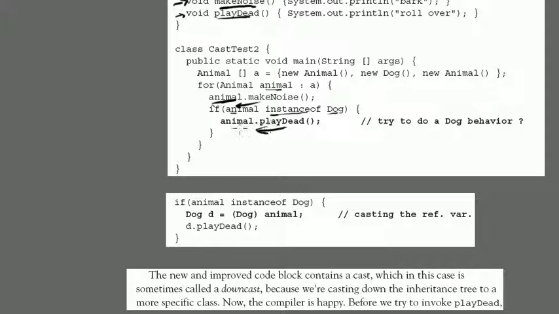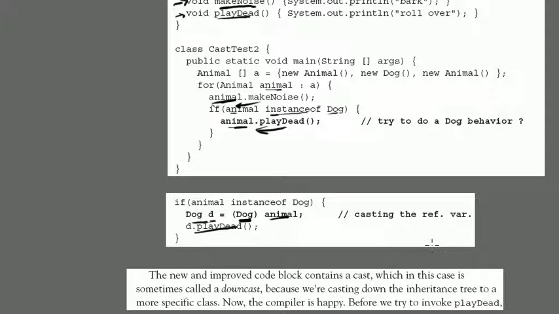The compiler would complain at this point, because play dead is specific to the dog class, but animal is of type animal, which doesn't know what play dead is. So in that case, you need to cast explicitly. You need to explicitly cast animal so that you'd get a dog. You can store it in a dog reference, and you could invoke dog specific methods.